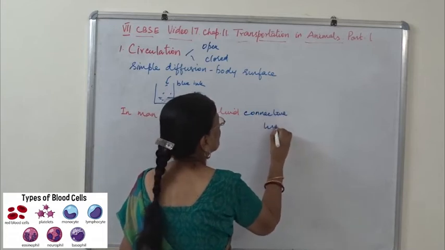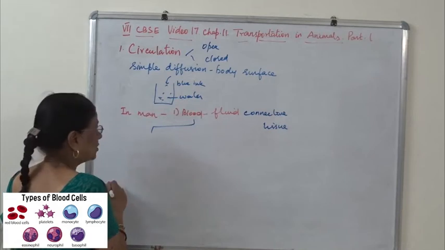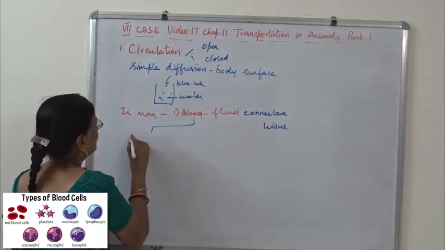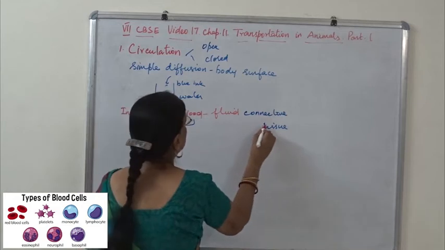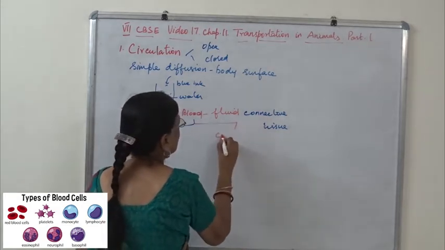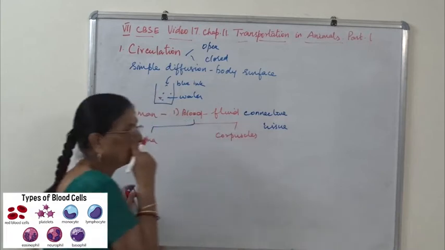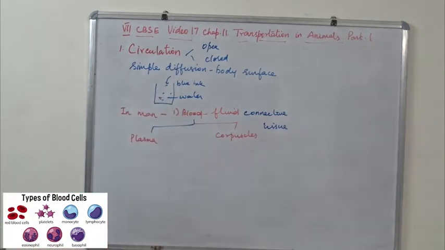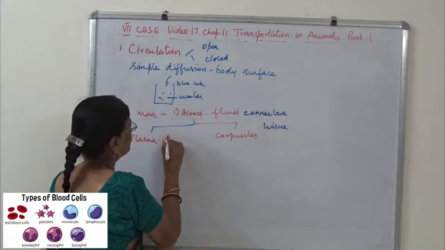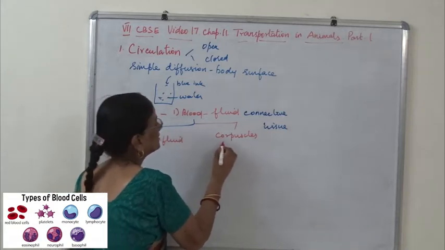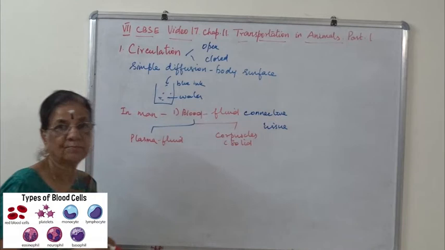It is formed of blood plasma and corpuscles. Plasma is the fluid portion and corpuscles are solid in nature.